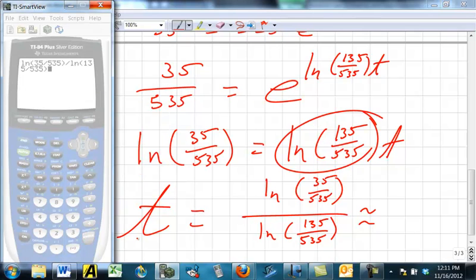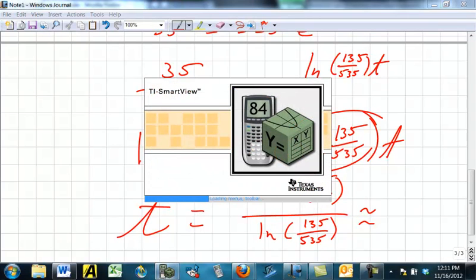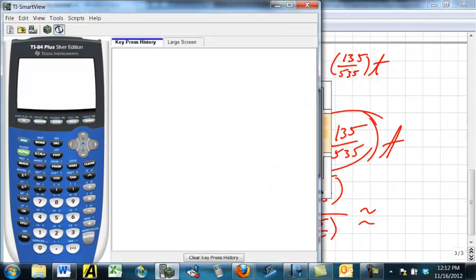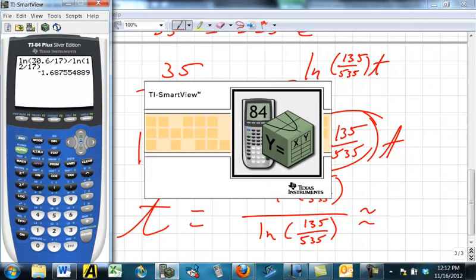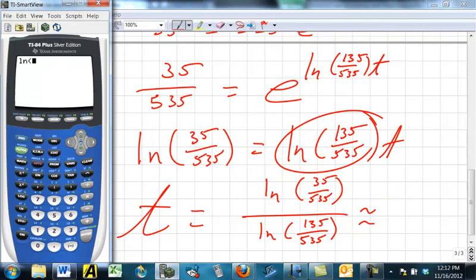Oh, wonderful. Calculator stopped on me. Let's see if it'll get started again. Natural log of 35 over 535 divided by natural log of 135 over 535.